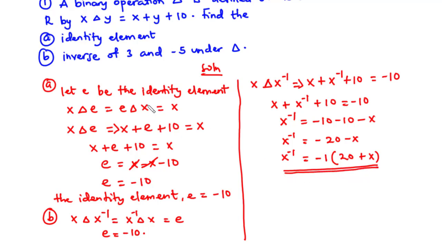If you want to find the inverse of 3, then you substitute 3 in place of x into this equation, and then you can find the inverse of 3. And afterwards, we are going to do the same for negative 5. So first of all, let's solve the inverse of 3.